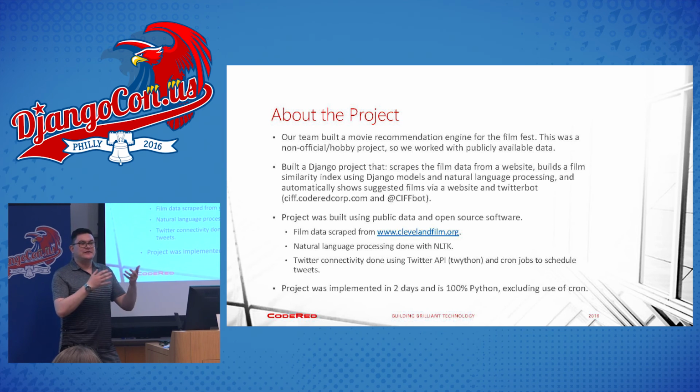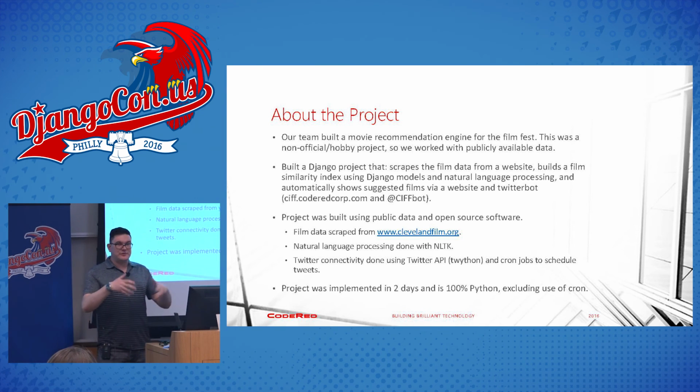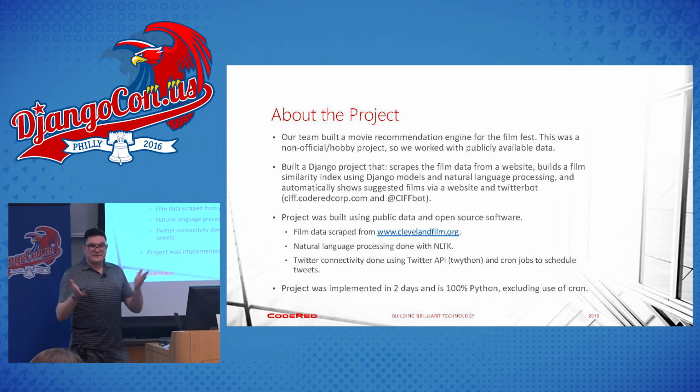If you liked it, catch this other film that's similar. It was all computer-generated statistics. It was a quick thing we did in a couple days. It's 100% Python, except for the use of cron. It was all built with open source software, and once again, the data was all publicly available from their website.